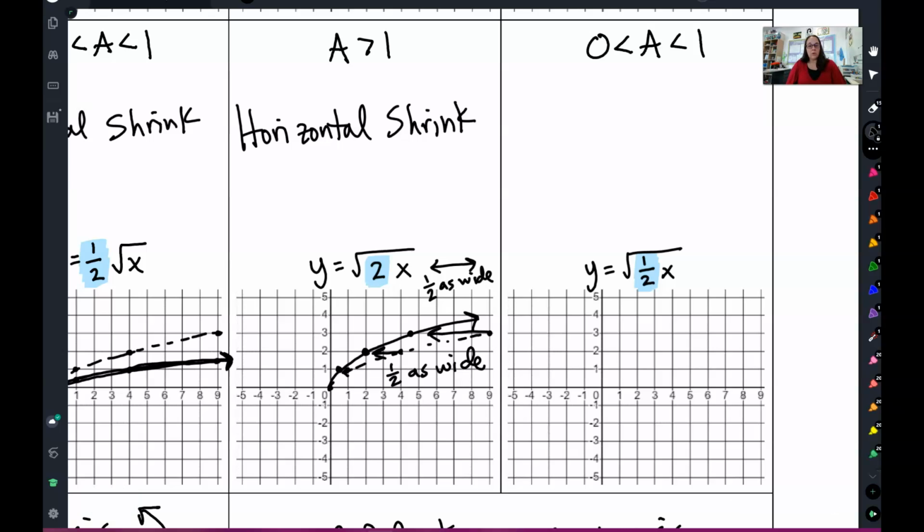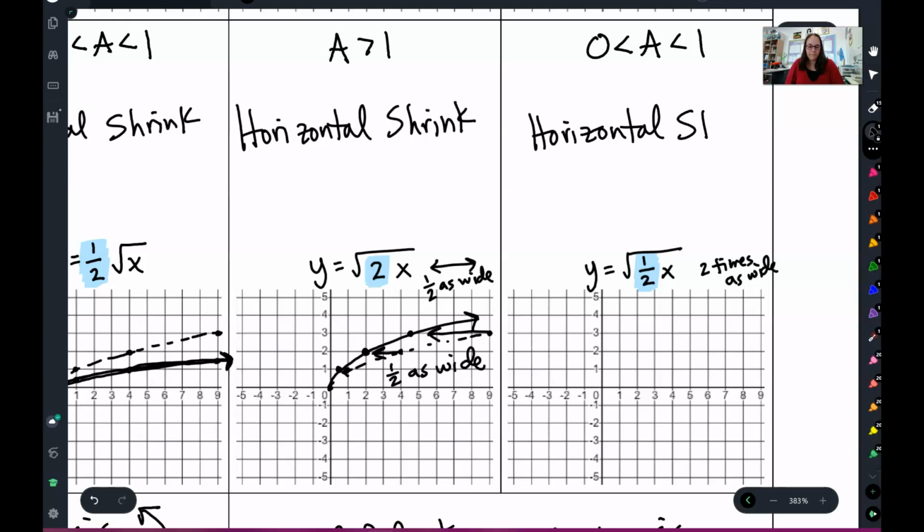So this one is multiplying by 1/2, but because it's inside, it's opposite. So these are going to be 2 times as wide. It's wide because it's inside, so that's a horizontal stretch. So I have my parent graph here. And I want to take all these points and make them 2 times as wide.